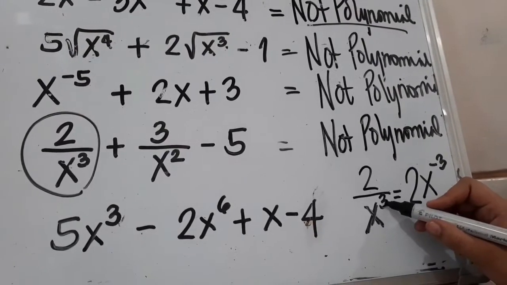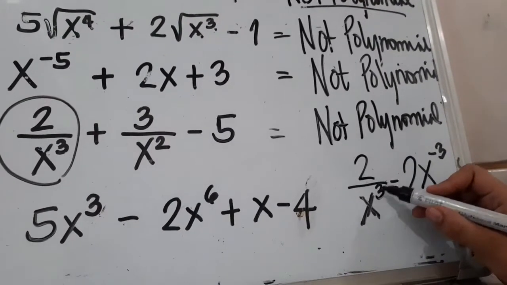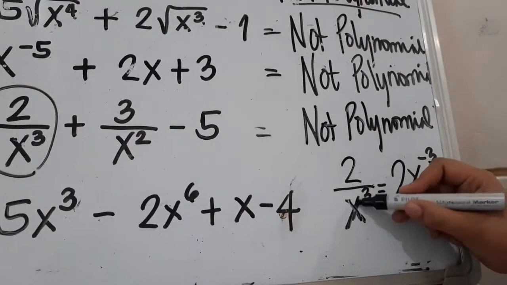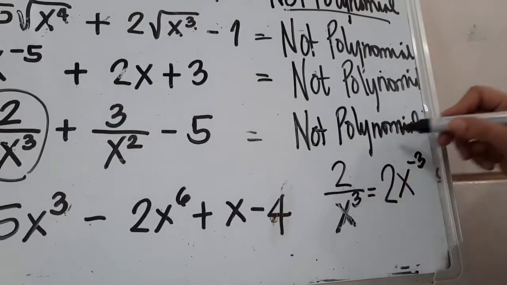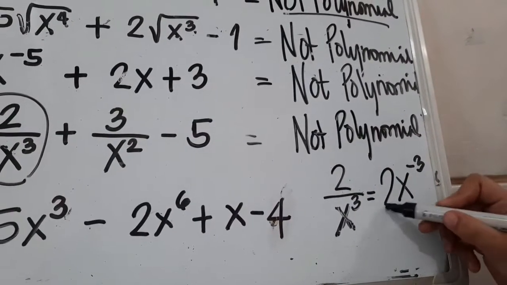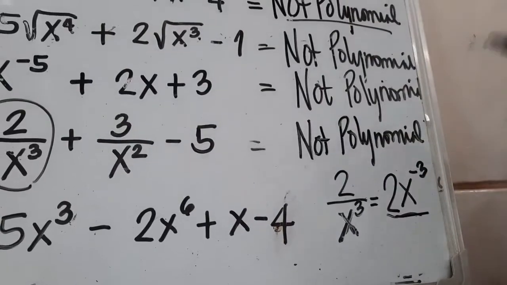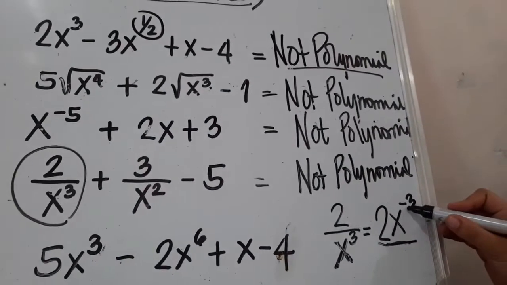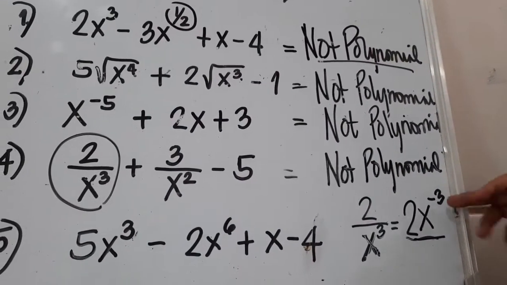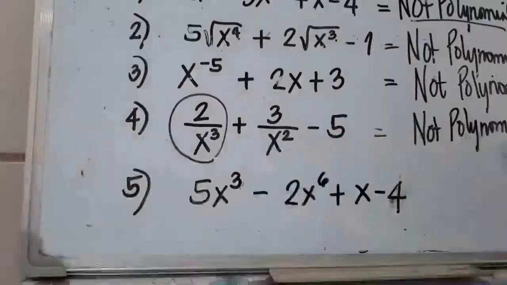So this exponent 3 will become negative when you bring our x variable to the numerator. So take note again, polynomials must have positive whole number exponents, and in this case, it's negative. Therefore, it's not a polynomial.